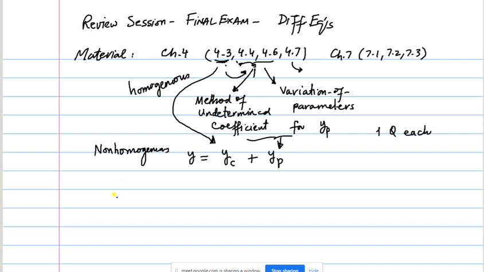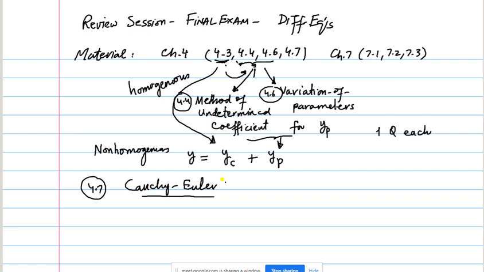So this is 4.4, this is 4.6. Okay, and in 4.7 you have the Cauchy-Euler equation, and the method is a little different for the Cauchy-Euler equation. You have one question from there.